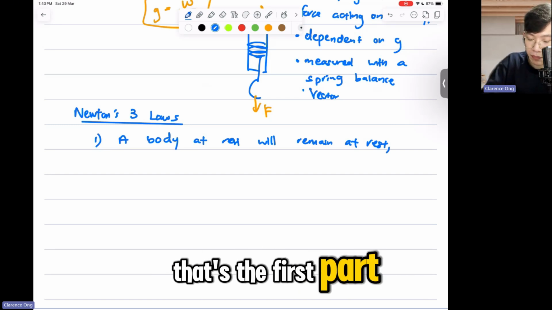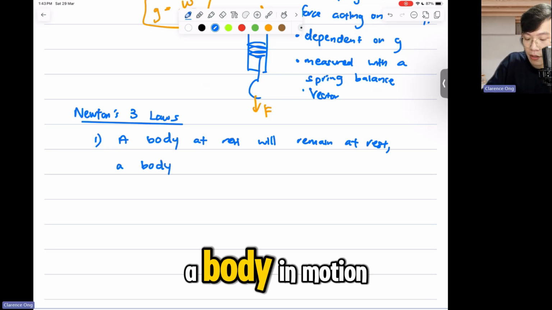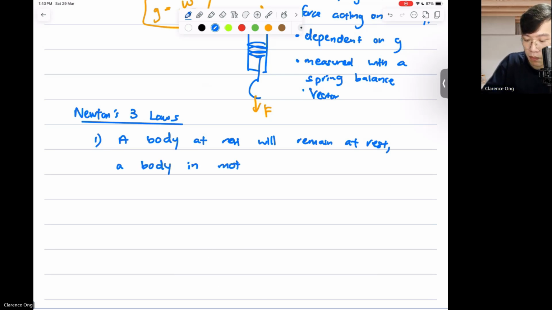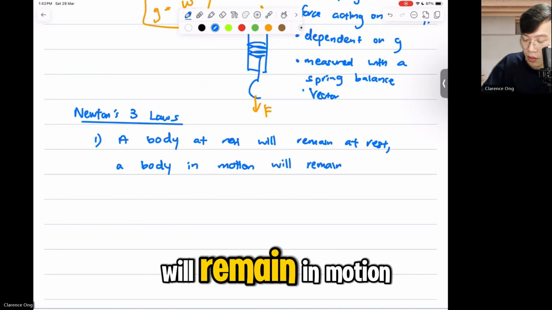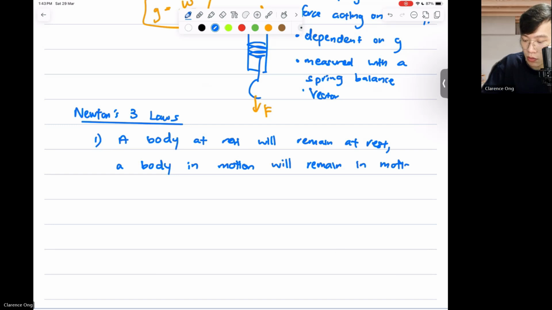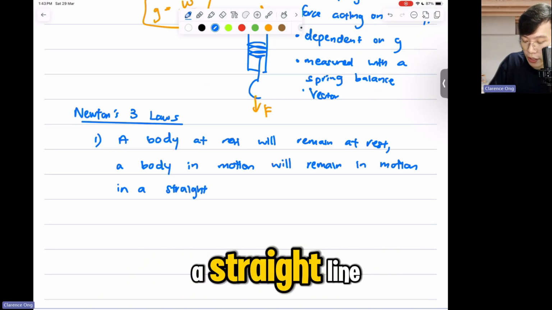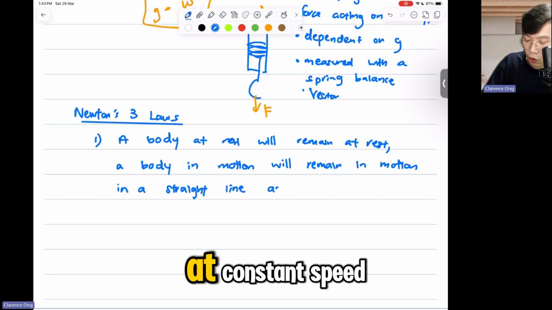That's the first part. A body in motion will remain in motion in a straight line. It will move in a straight line at constant speed.